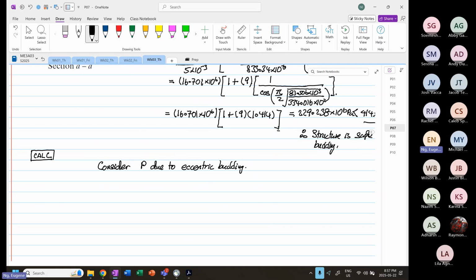So we know that the formula is stress max equals P max over A, times 1 plus EC over r squared, secant, and then we have pi over 2, and the square root of P max over P critical.